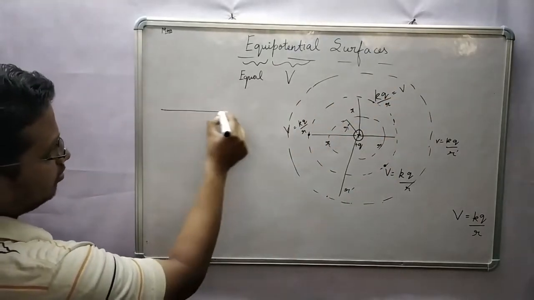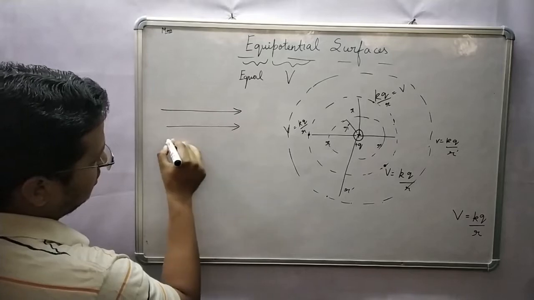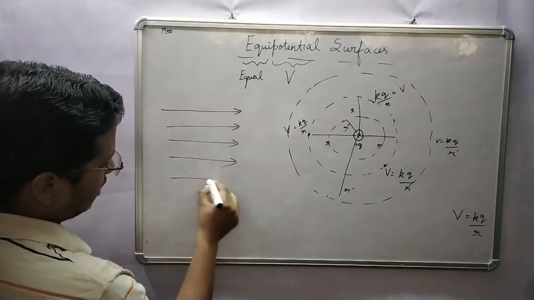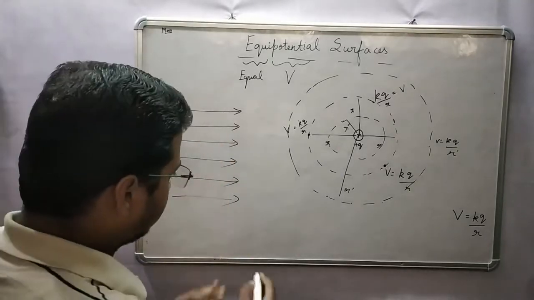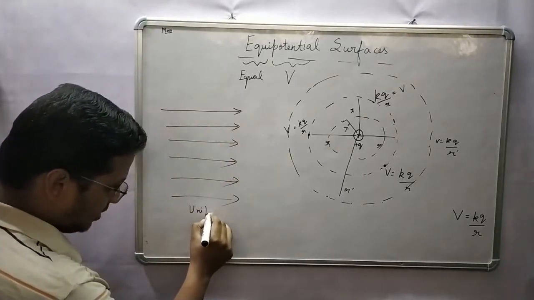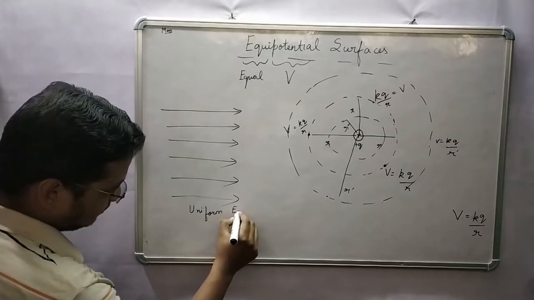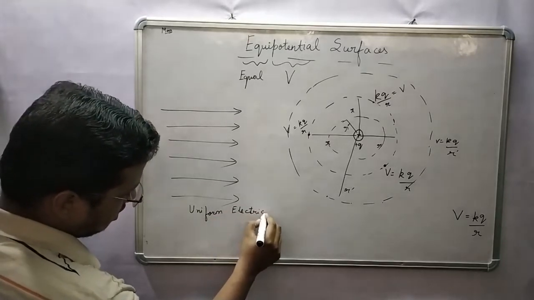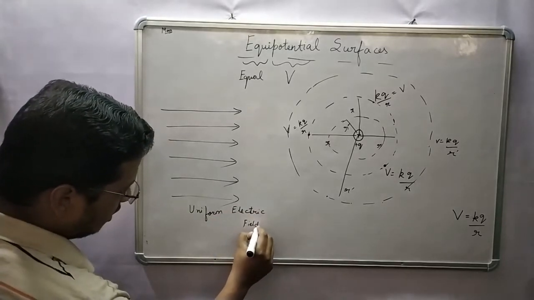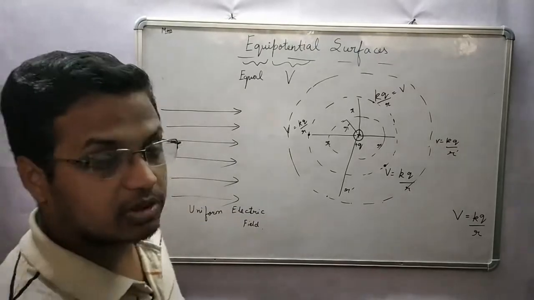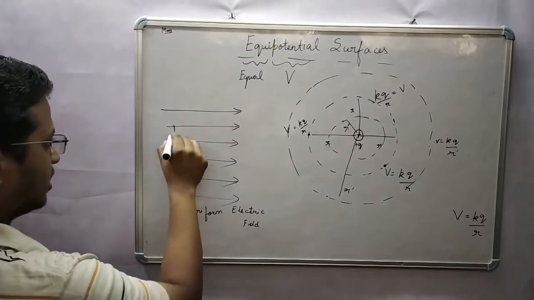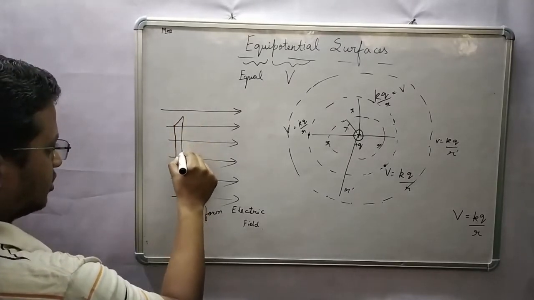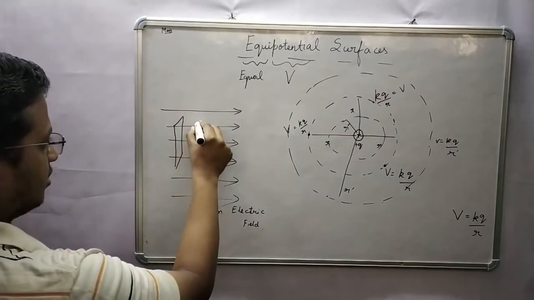Now if we take a parallel electric field, if we have a region in which there are parallel electric field lines, or we can say this as uniform electric field, what will be the equipotential surface? Here the equipotential surface will be sheets. This will be an equipotential surface.